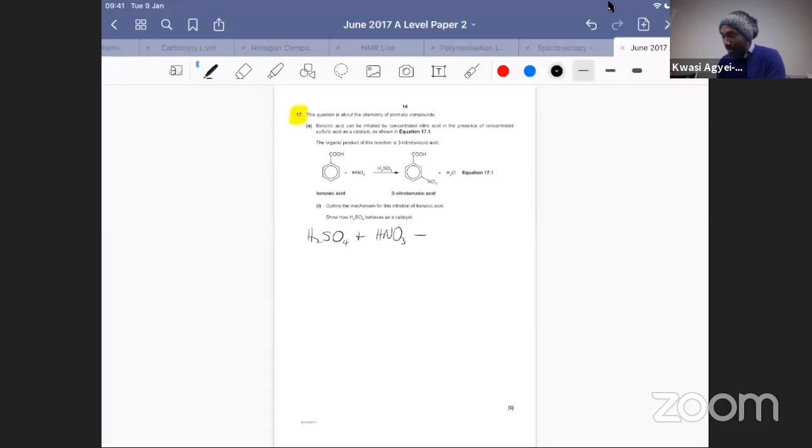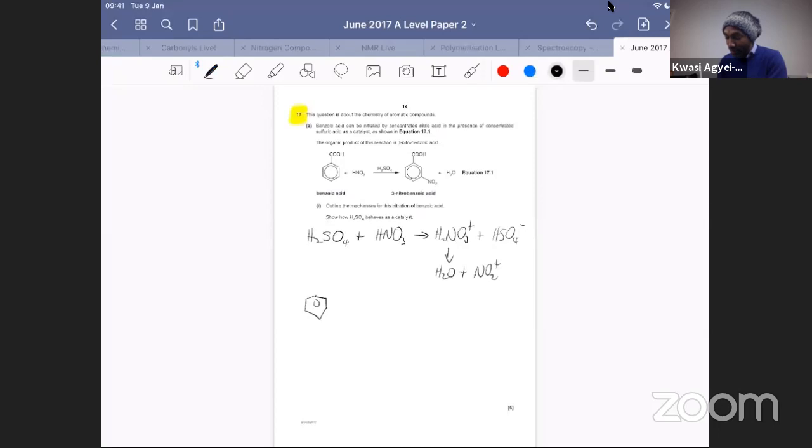This will lead to the formation of H2NO3+, and it would also form HSO4-. And then your H2NO3+ will decompose to give you H2O and NO2+.